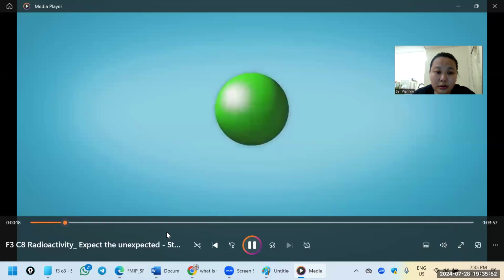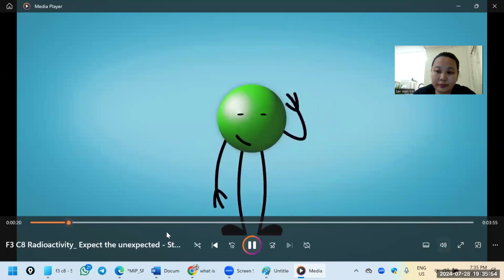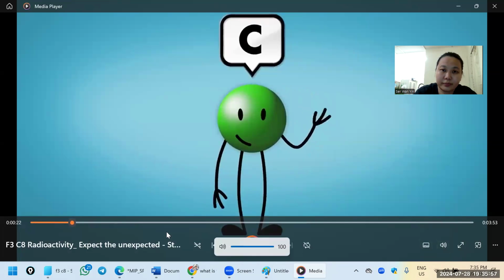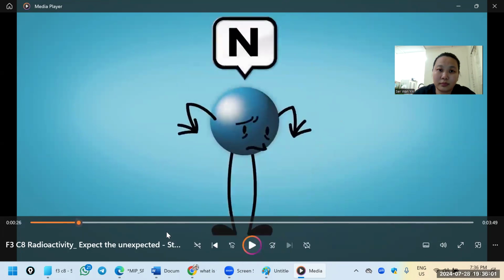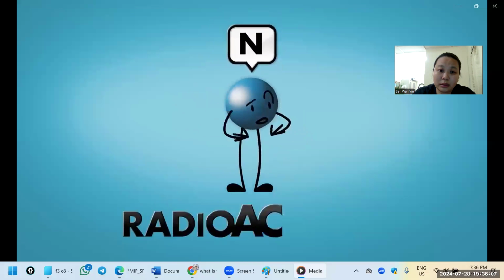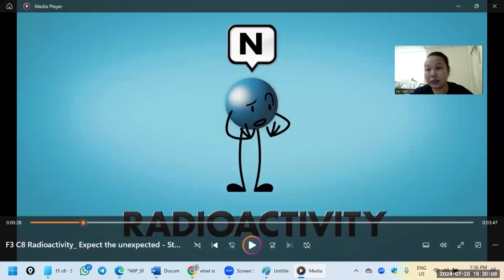So today, you can see radioactivity means something is emitted, like this. This atom is decaying. Something goes out, called radioactivity, and it turns into another thing.